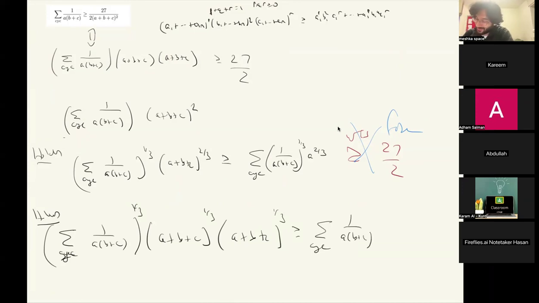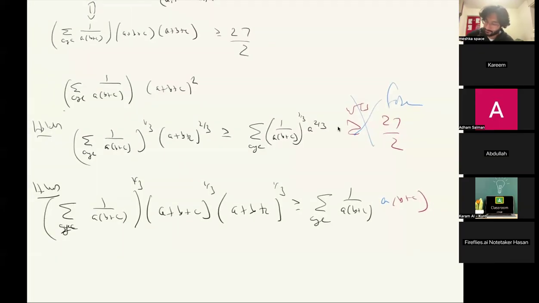The trick is you just do A and you do B plus C, right? Because you can really just make this here 2A, 2B, 2C. Maybe I'm saying it because we can do it like this.